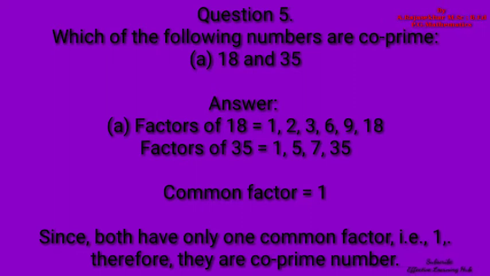So the common factor is 1. Since both have only one common factor, that is 1, they are co-prime numbers. If another number comes as a common factor, it is not co-prime. If only 1 comes, it is co-prime.